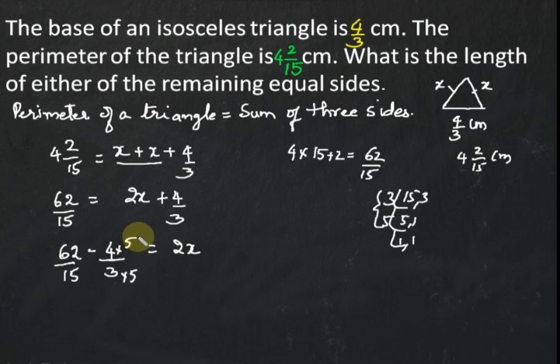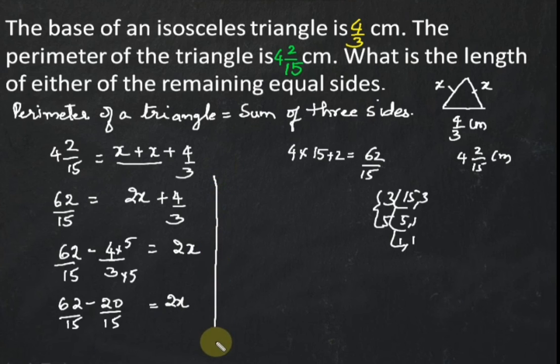And the numerator as well. So 62 minus 20, this is the common denominator 15, is equals to 2x. I'll draw a line here and continue with the sum. 62 minus 20, that is 42 by 15 is equals to 2x.